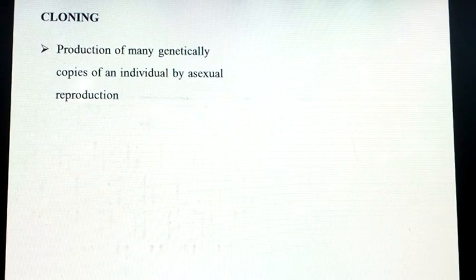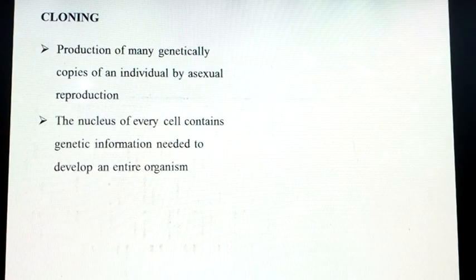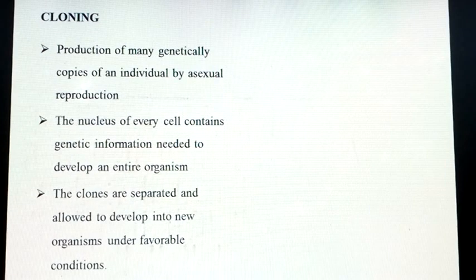Cloning is another method. Here we get genetically identical copies of an individual through asexual reproduction because of the genetic information which is held within the nucleus of an organism. This genetic information can be used to generate a separate organism because it carries the information required to develop an entire organism.